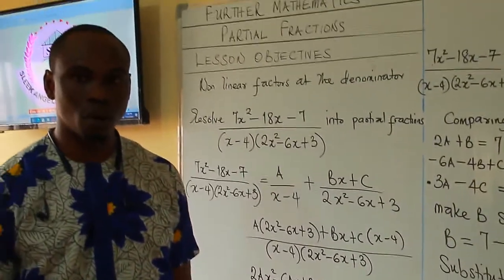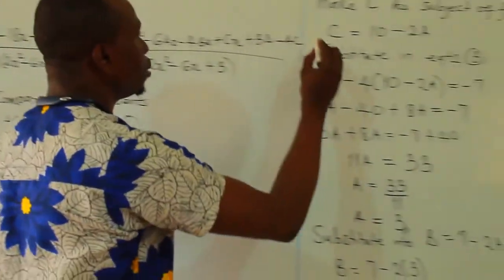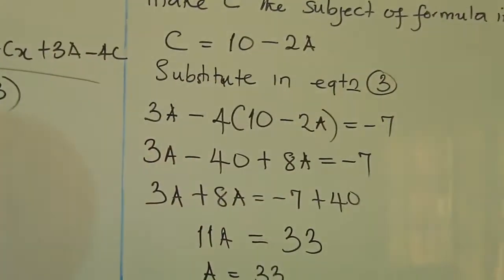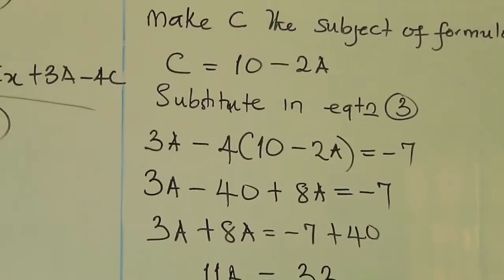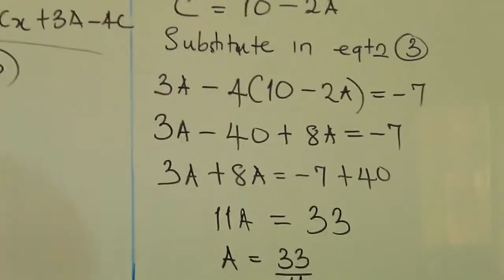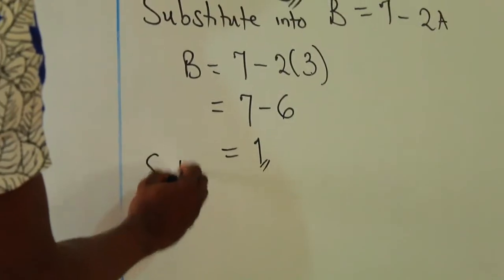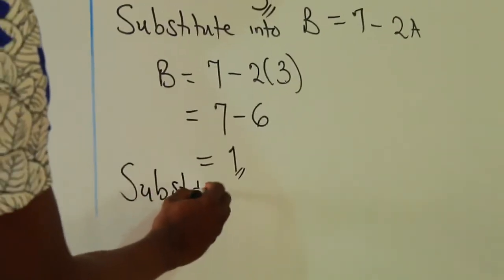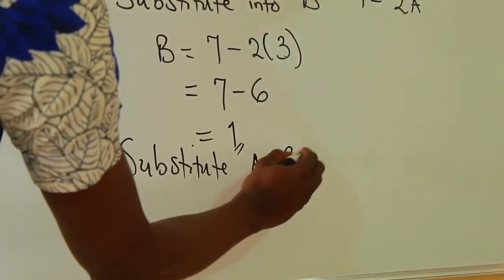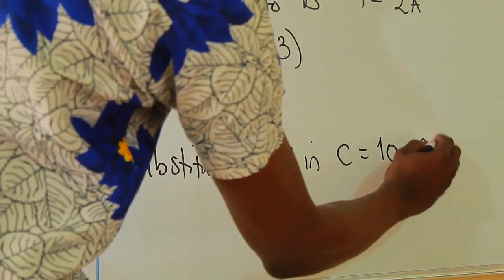Now the last of them all is to find the value of c. And the equation in 4 says that c is equal to 10 minus 2a when c was made the subject of the formula. So I'm also going to substitute the value of a, which is 3, into c equal to 10 minus 2a.